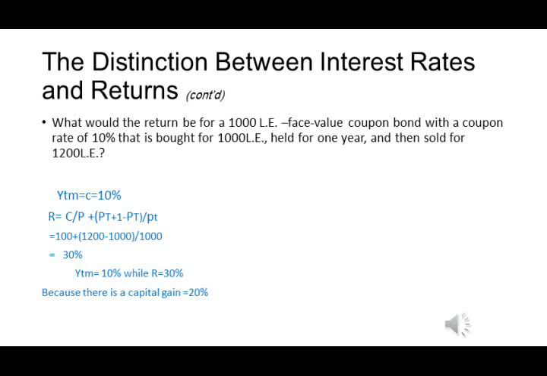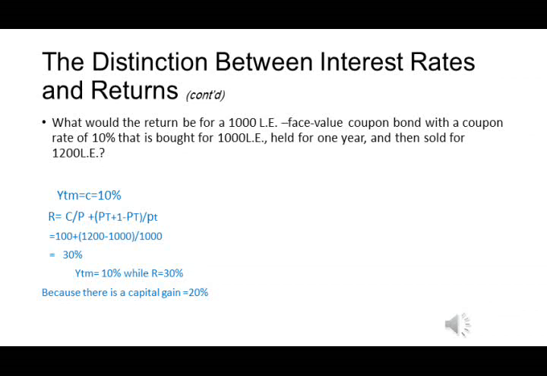Here, the yield to maturity of the bond equal the coupon rate, which is 10%. How is that? Because the price of the bond equal the face value. The price I have paid to purchase the bond is 1,000, which equals to the face value 1,000.